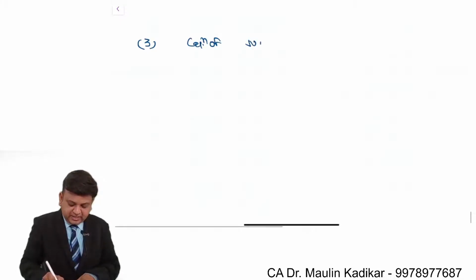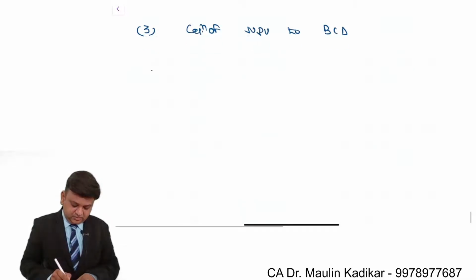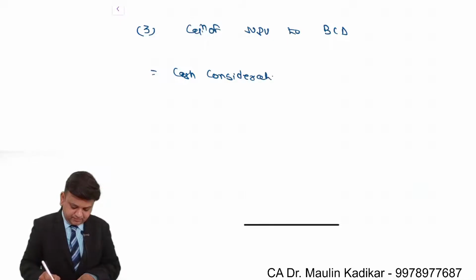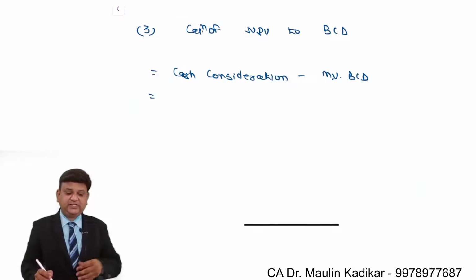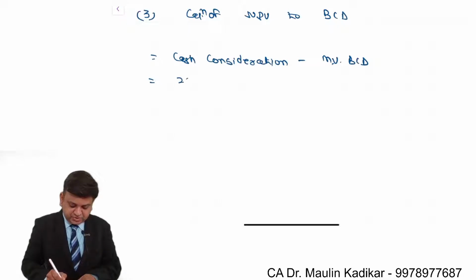Calculation of NPV to BCD Limited, which we already have understood earlier. It is cash consideration minus market value of BCD. What is cash consideration? It is 22 rupees per share into number of shares at 5 lakhs.